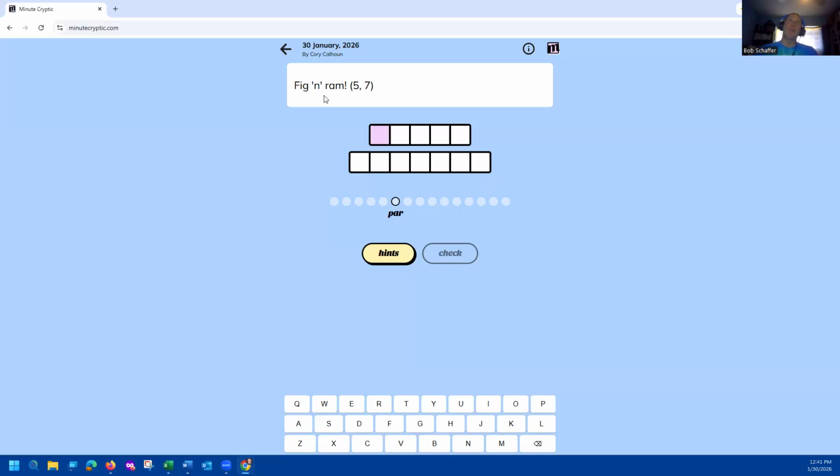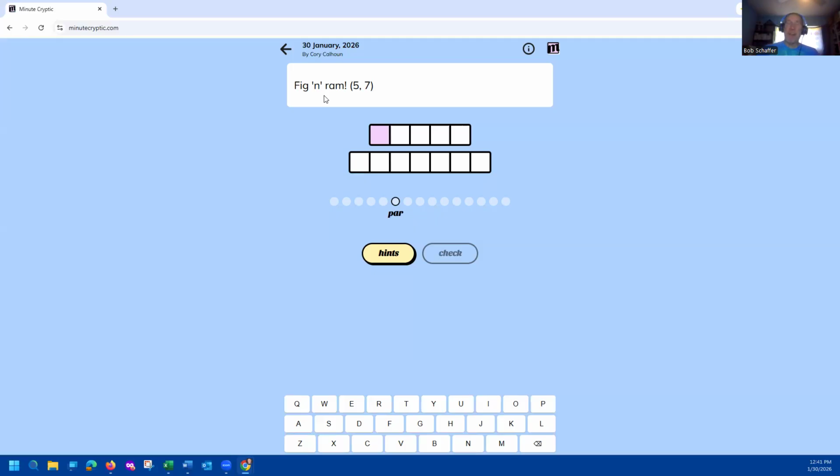All right, so what is a fig? It would help if I knew what a fig was. I don't know much about figs. I know that they are like dates. I know that they used to be in Fig Newtons.